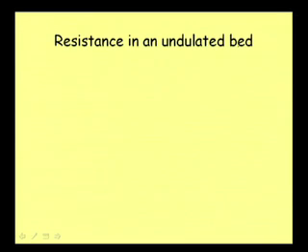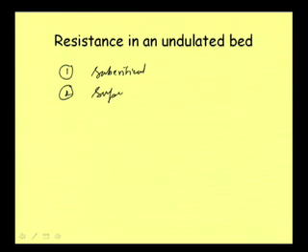Now, if you concentrate on the slide, we can discuss something on the resistance in an undulating bed, some of the critical issues we need to discuss. Already we have discussed in what sort of flow, what sort of condition we can have. When the ripple and these things form, it is in the subcritical zone. We also discussed that only in supercritical flow can we have the anti-dune.